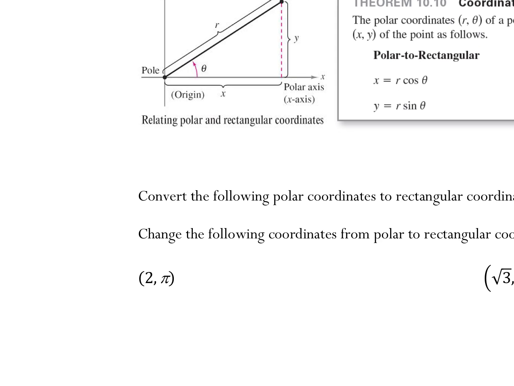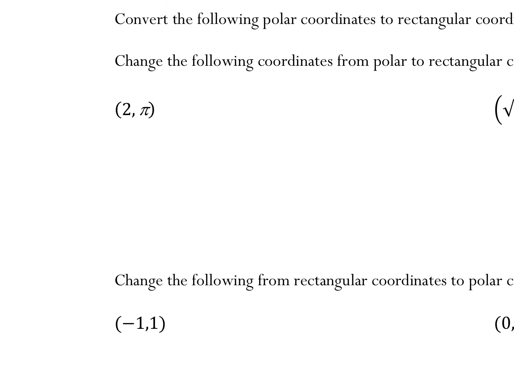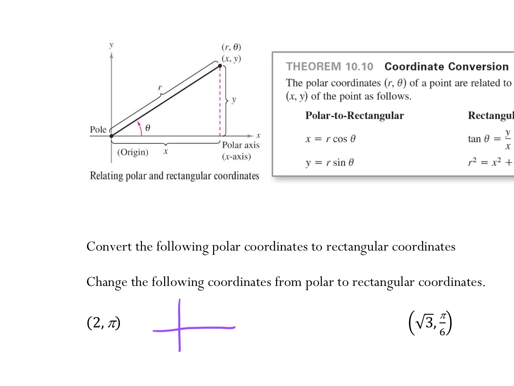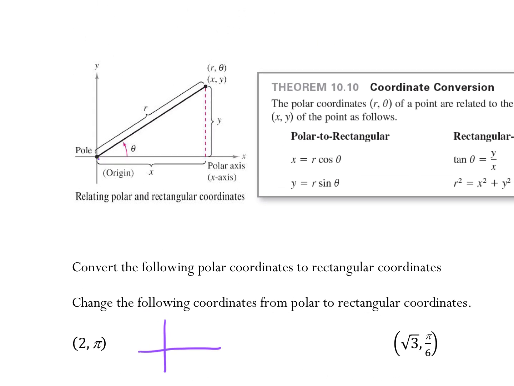Okay, so if I wanted to change this from polar to rectangular, like if I'm trying to find this coordinate right here, I know cosine of my angle is equal to x over r, and sine of my angle is equal to y over r.